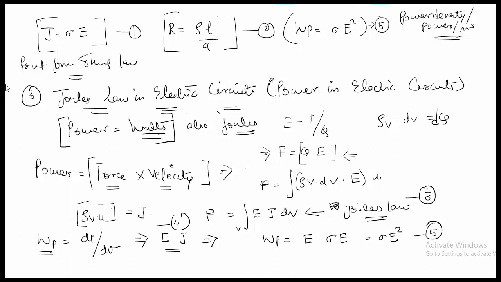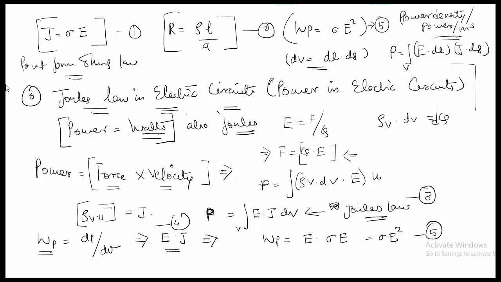But to derive Joule's law, if I'm simplifying this, it's possible to get it in a form which we are familiar with. We can say that my dV is equal to my dl into ds, that is for my volume. So if I am integrating, P is equal to integration of E dot dl into J dot ds.